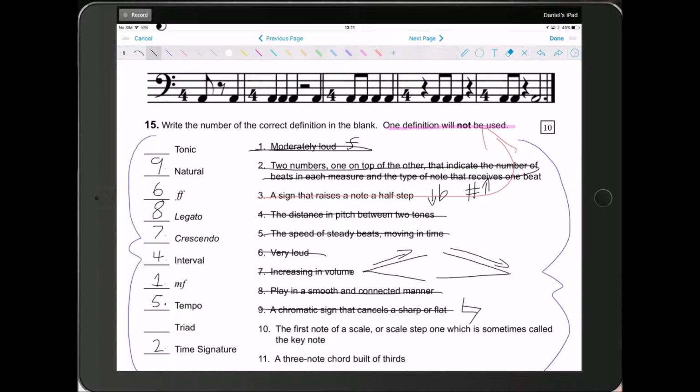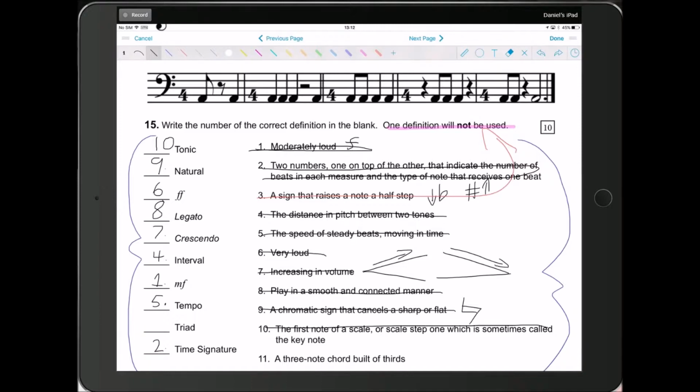Number 10, the first note of a scale, or scale step 1, which is sometimes called the key note. If you go back to question number 9, I believe it was, that's when we had to put in all the sharps or flats of the indicated key, and then in the last measure we had to draw the tonic, or the key note. Remember that? So number 10 is tonic. It's the first note of the scale.